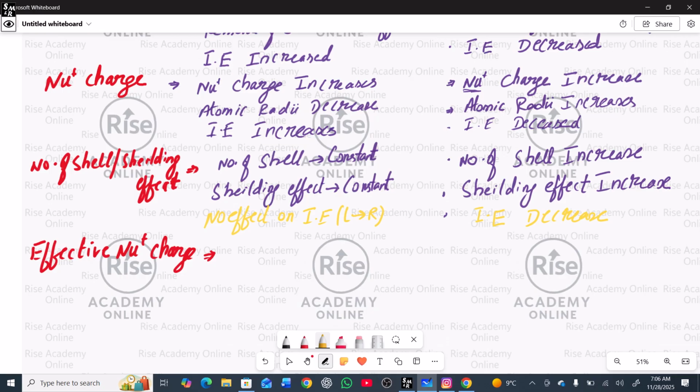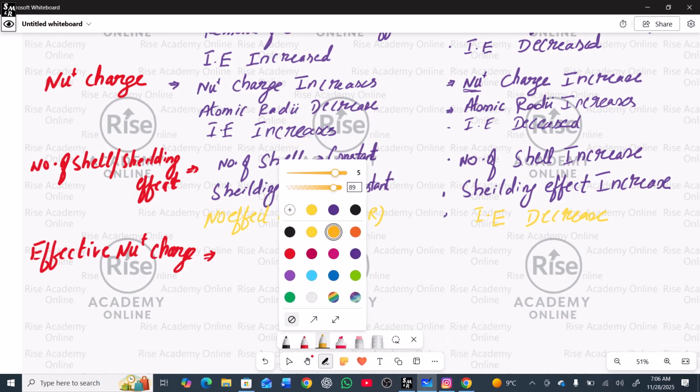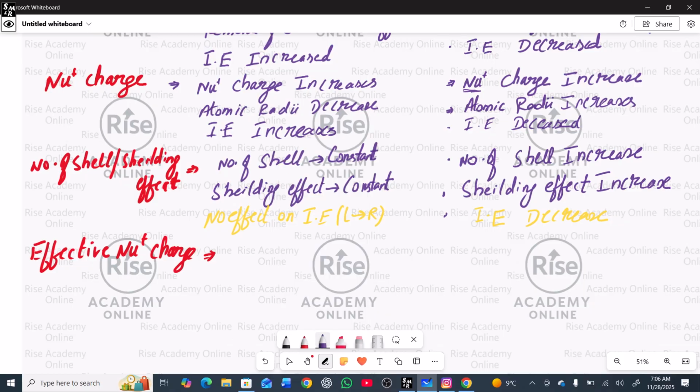So we can say that in moving from left to right, effective nuclear charge increases and it produces the same effect as the nuclear charge has caused. It results in an increase of ionization energy in moving from left to right.